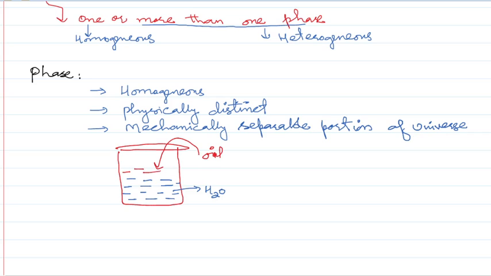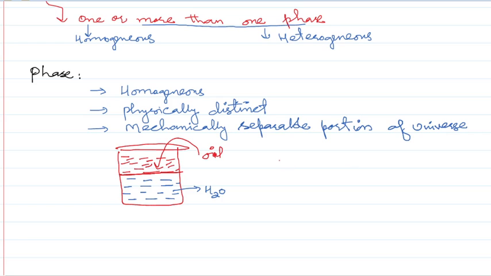Suppose this is the oil layer. You will see that two layers will be formed. Here this water is homogeneous, one phase, and oil is another phase. So this is basically a heterogeneous system.